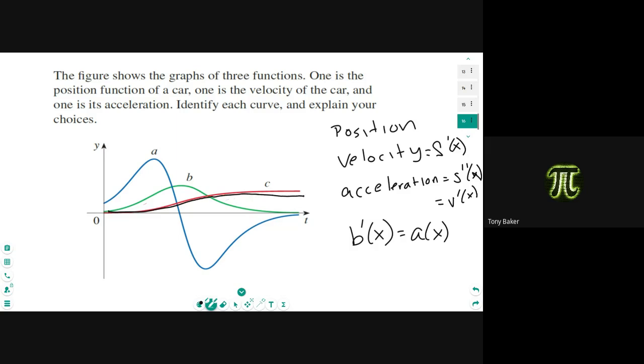So that means that B of x is the derivative of C of x. So then that would be the position. So C would be position, B would be velocity, and A would be acceleration. So you can start to look at how the graphs move to determine which order they go in.